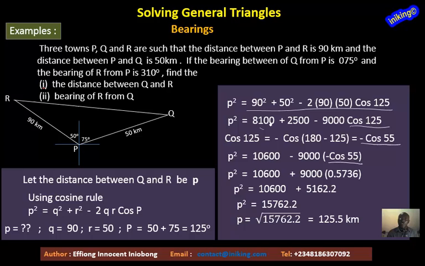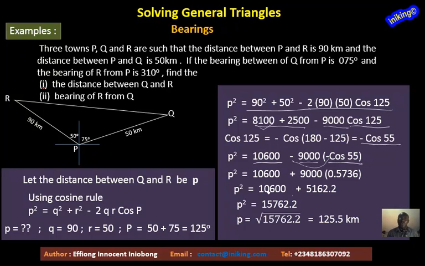90 square is 8100. 50 square is 2500. You add that up, we have 10,600. 2 times 50 is 100 times 90. That gives us 9,000. So that gives us this here. Now opening this bracket, the minus and this other minus will become plus.